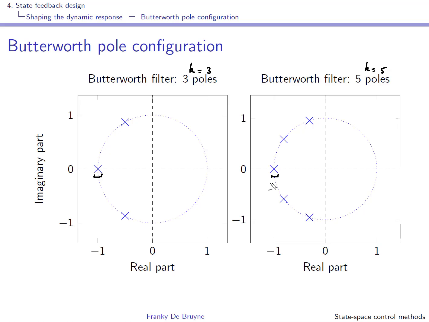If you take an even k, then all poles are complex conjugate. The angle that you have between the poles is 2 pi divided by 2k, which is pi over k, and in this case here it corresponds to an angle of pi over 3, so 60 degrees.